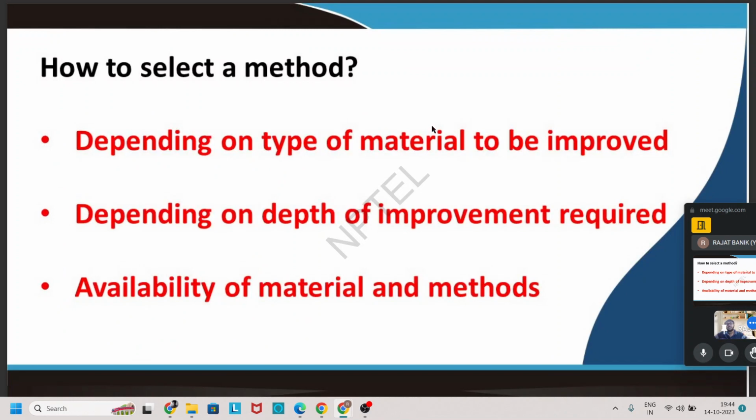Then how to select a method. We know the different methods, but we need to know when and where to use each method. To select a method, we need to consider the type of material we need to improve, and it also depends on the depth of the improvement, and on the availability of the material and methods.